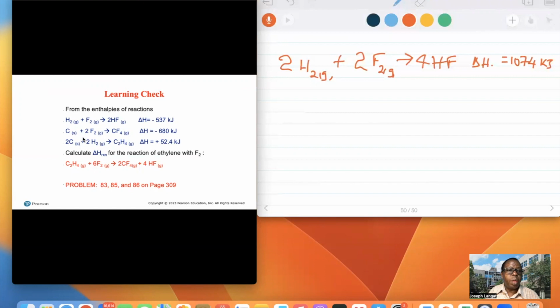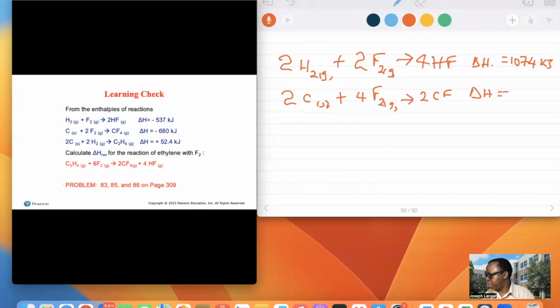So this will be 2C solid plus 4F2 gas going to 2CF4. The change in energy for this is negative 1360 kilojoules.